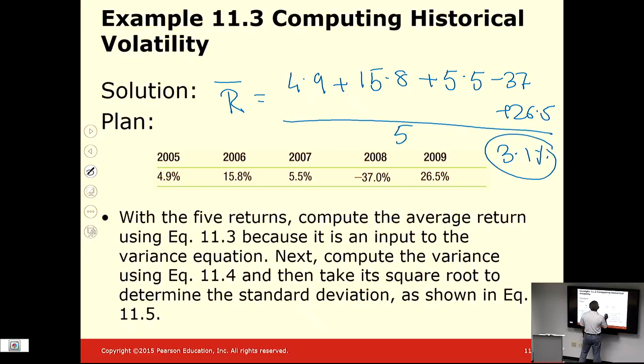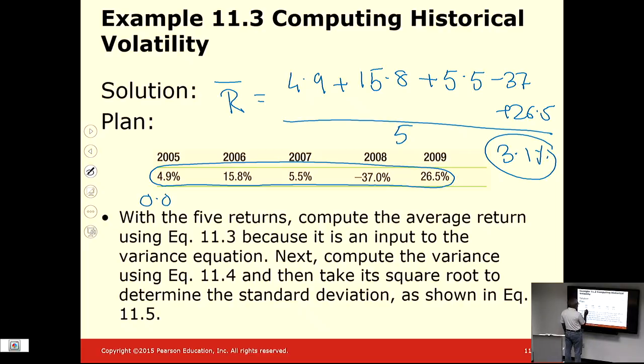Notice what I have done. I have added all these numbers in their percentage form. I prefer that you do it that way, although you don't have to. You could have converted this into their decimal. I think the book does it that way.